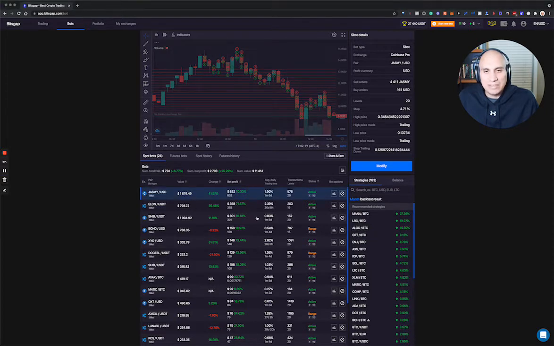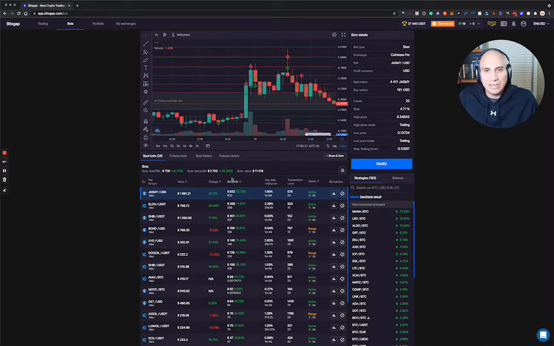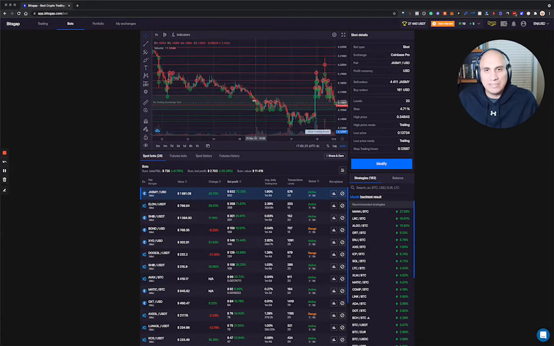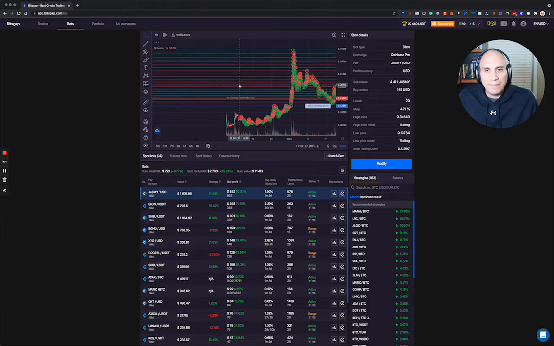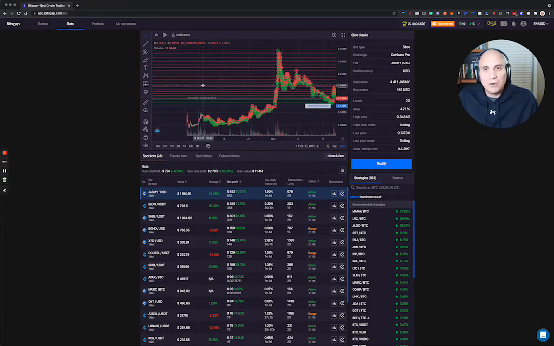So I'm going to take my top bot that we see here, and I'm going to show you the chart and zoom out. Okay, this gives you a really good picture of what this is. So Bitsgap got listed on Coinbase when I started this, and that's exactly where this is running. And when it got listed, it ran all the way up to $4.99.